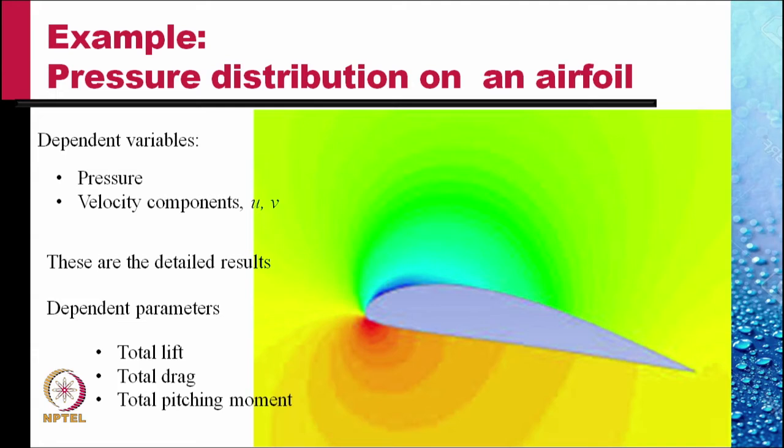For a given experiment, there is one value of total lift, there is one value of total drag, or a pitching moment, the moment that tends to pitch the nose of the airfoil up. And that also is a parameter, a dependent parameter, a result of the experiment, a result of calculations.